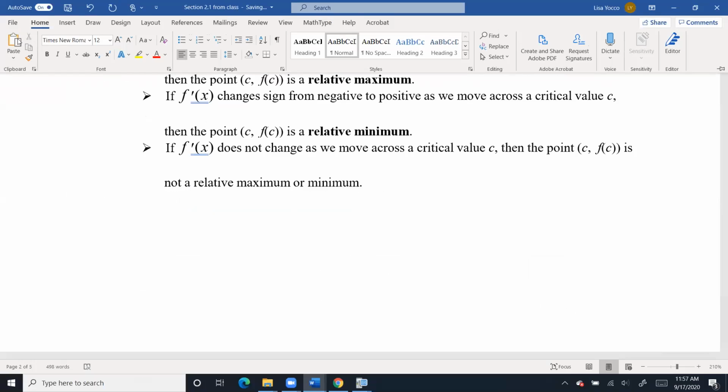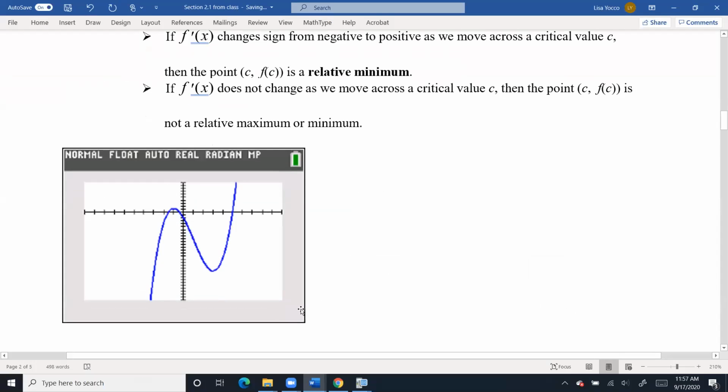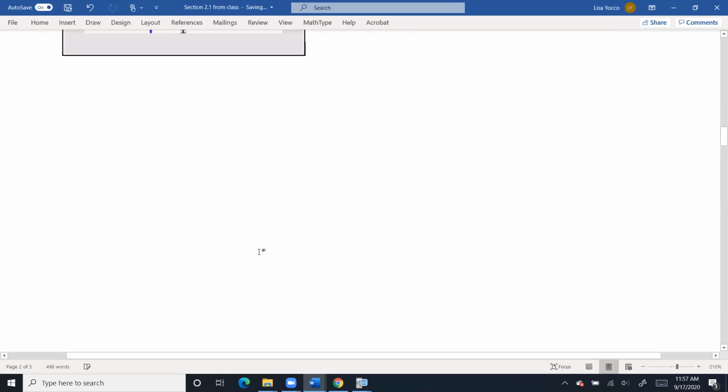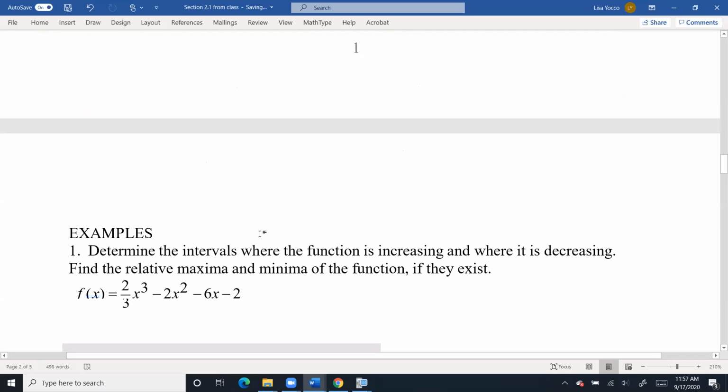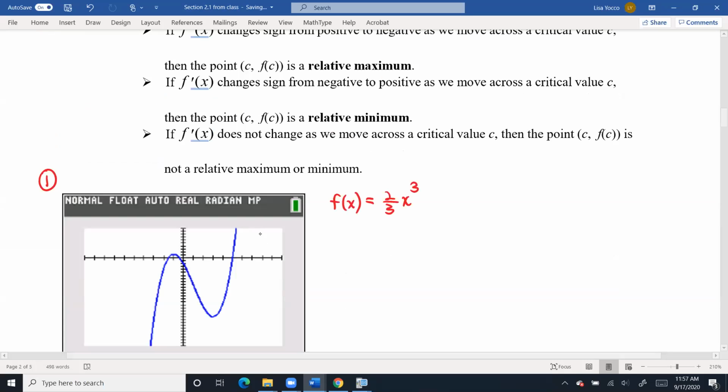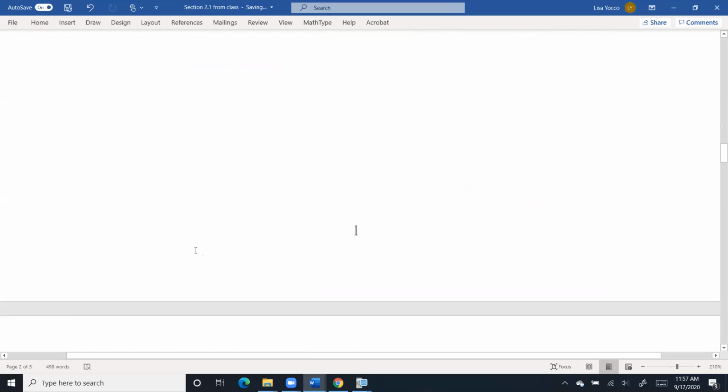Okay, there's the graph for problem 1. For some reason it wouldn't paste below. So that was 2/3 x cubed, minus 2x squared, minus 6x, minus 2. Let me see if I got all that right. Yeah. Okay.